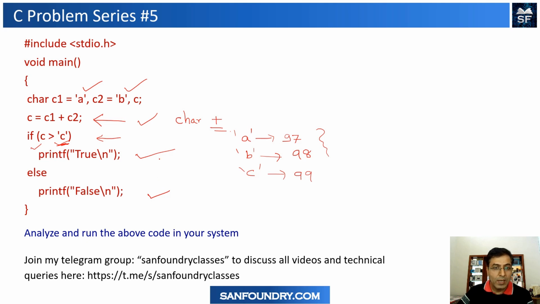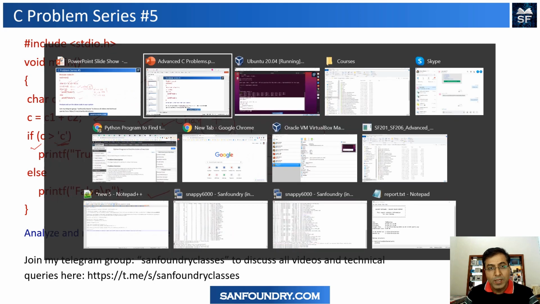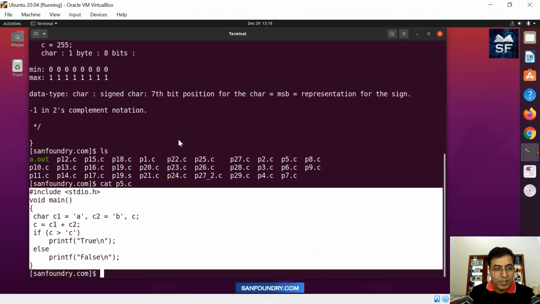I'll give some more detailed explanation about the logic of why people say that addition of characters is allowed or not, whether it makes sense or not. We'll talk about some more rules in C programming in this assignment. So I'm going into the lab now; let's join the lab and discuss things there.